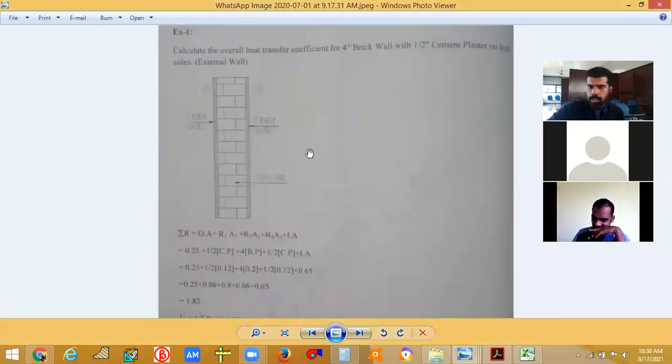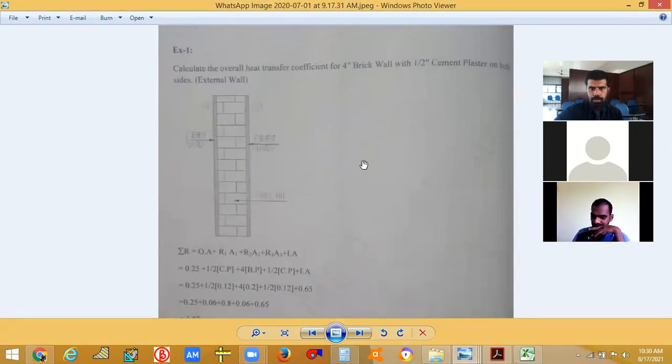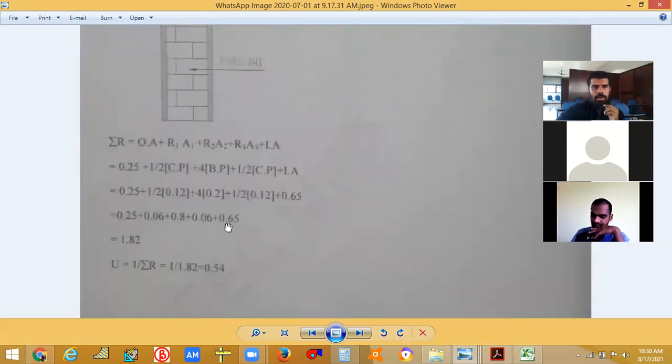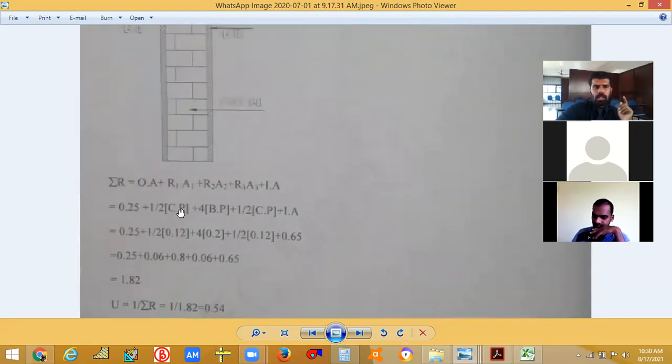So mainly this thickness and all will be coming in inch only. We won't be saying in feet, okay? But feet won't come. So this is the way that you can write it. So sigma R is equal to OA, means outside air, plus R1 A1 plus R2 A2 plus R3 A3 plus inside air. So OA means outside air, 0.25, plus R1. What is the R1 or what is A1?